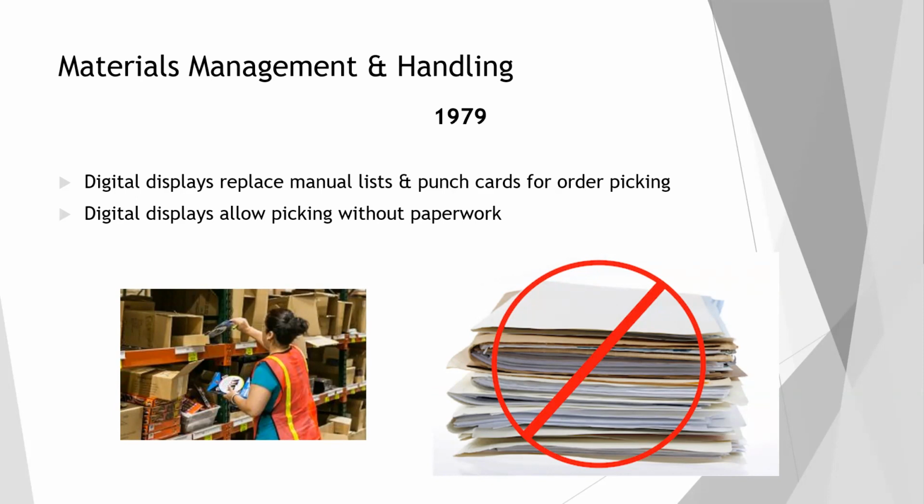And it used to be that pickers had actual paper lists that they would use, or they had certain punch cards. So now it could be much quicker, hands-free. You didn't have all this paperwork lying around. Digital displays allowed picking without all that cumbersome paperwork. So we're moving more into the processes that we are very well acquainted with now.